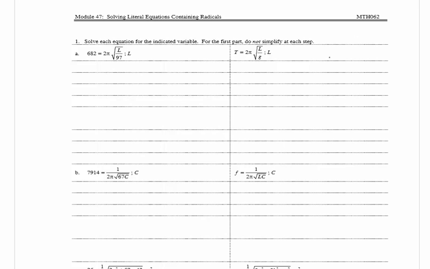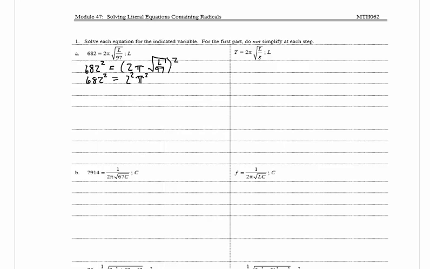So the first thing I'm going to do here is square both sides. So I have 682 squared is equal to 2 pi times the square root of L divided by 97, all squared. And then we have 682 squared is equal to 2 squared times pi squared.